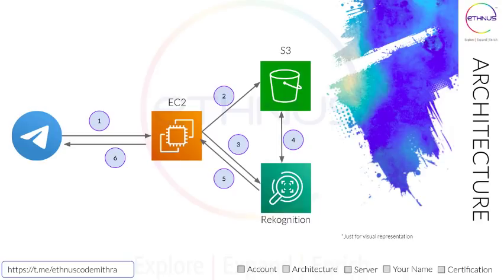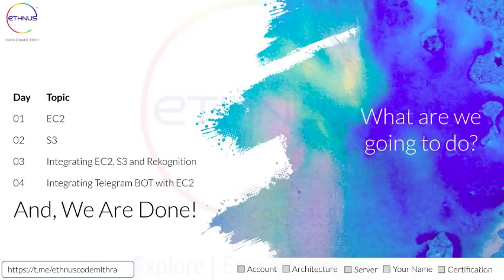So if you can understand this architecture, there are 4 different major components to it. First thing is Telegram bot, second is EC2, third is S3, and fourth is recognition. Now day 1 we'll be completing EC2. That is, in today's video we'll be talking about EC2. Day 2 we'll be talking about S3.